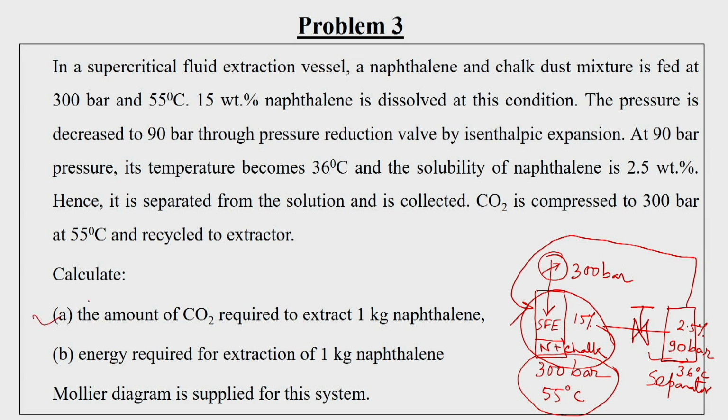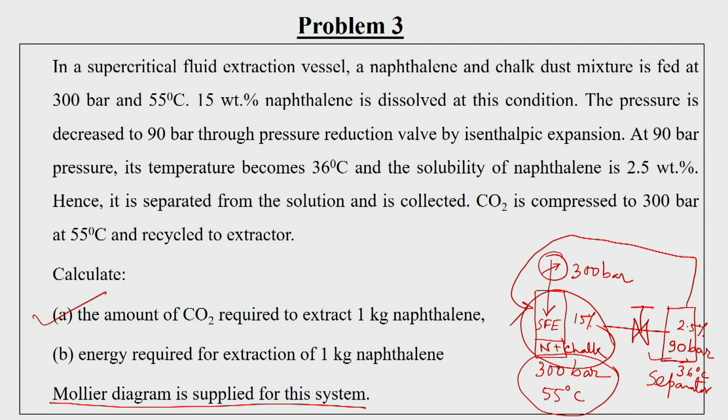Now we need to calculate the amount of carbon dioxide required to extract 1 kg naphthalene and the energy required for the extraction of 1 kg naphthalene. This is a very simple problem, and for it an enthalpy diagram is applied for this system of naphthalene and carbon dioxide.